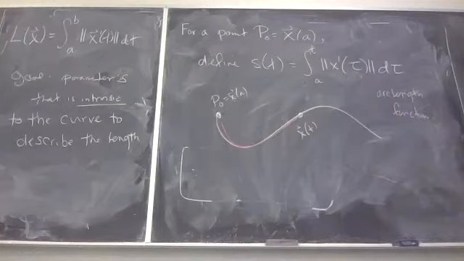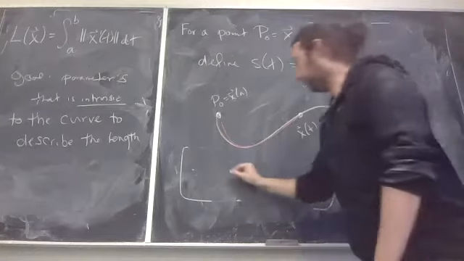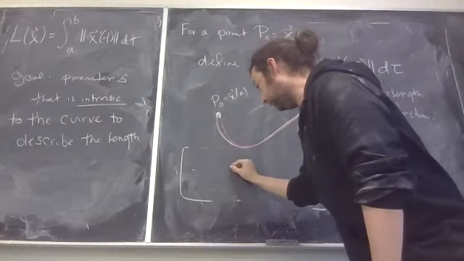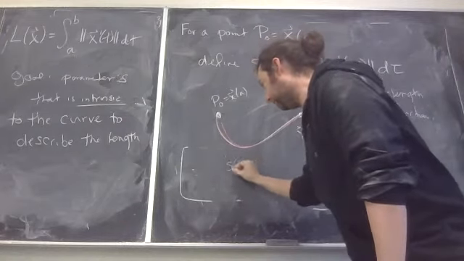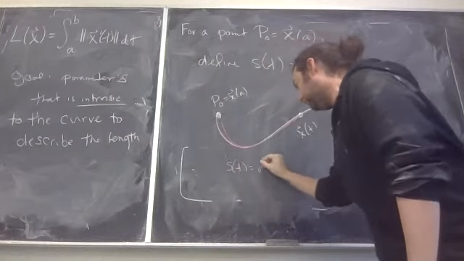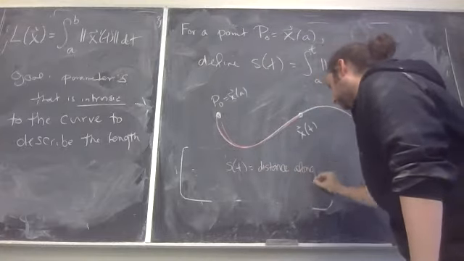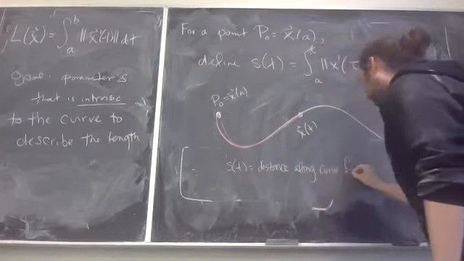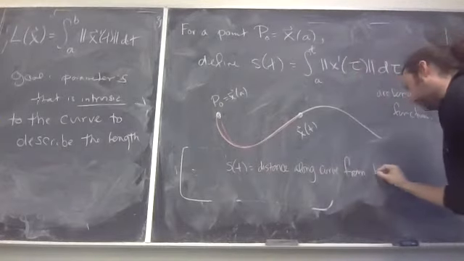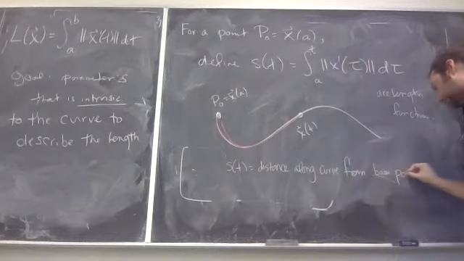The output S of t gives you the distance along the curve from some base point P naught.